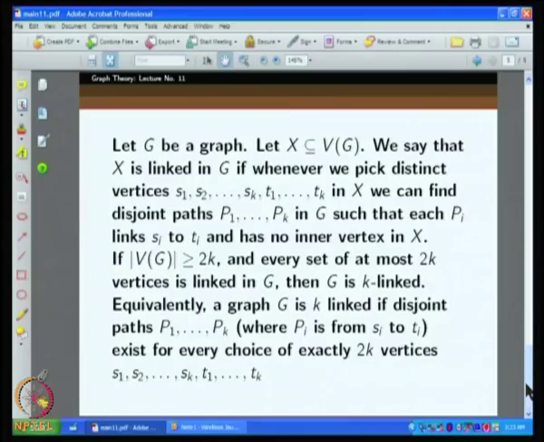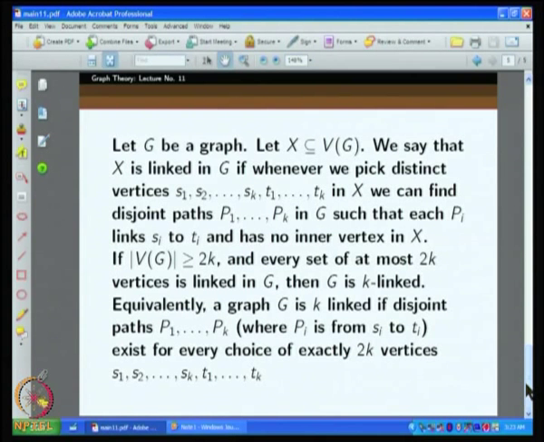Here, let G be a graph, and let X be a subset of V of G. We say that X is linked in G if, whenever we pick distinct vertices S1, S2, up to Sk and T1, T2, up to Tk in X, we can find disjoint paths P1 to Pk in G such that each Pi links Si to Ti and has no inner vertex in X.